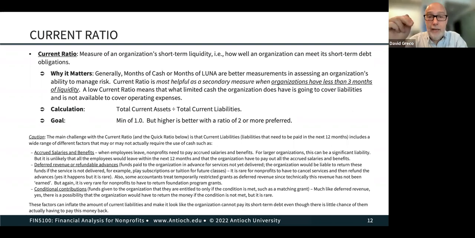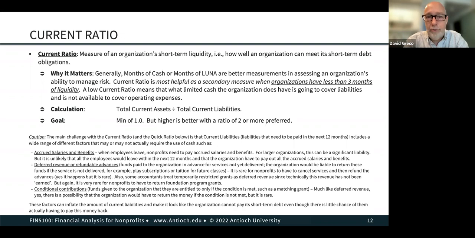And so again, it shows up as a liability for a lot of nonprofits, but the reality is the vast majority of nonprofits are not canceling shows. They're not having to refund those dollars. So again, it shows up as a liability, as a debt that we need to pay or that we need to earn, but it's really not something that most nonprofits are actually ever going to have to pay back.